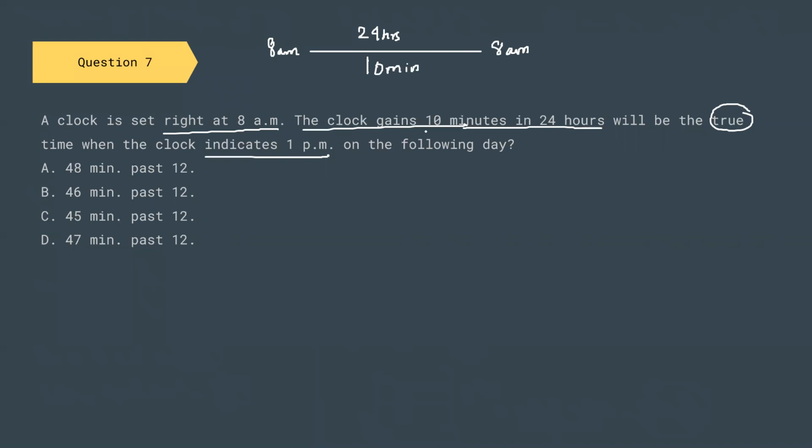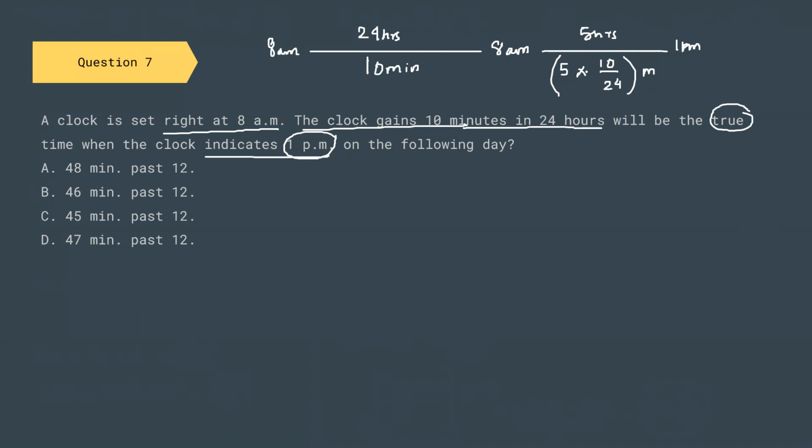Fine. I'm checking my clock at 1 p.m. That means with a difference of 5 hours, my clock is going to earn 5 into 10 by 24 minutes, because every hour I'm earning 10 by 24 minutes.